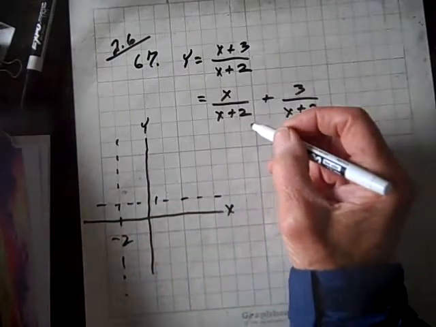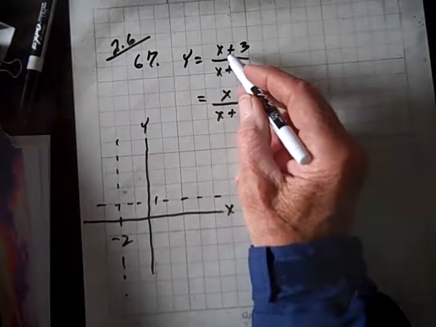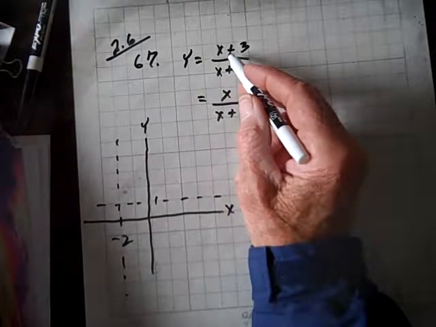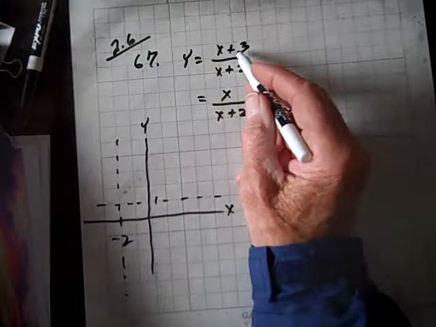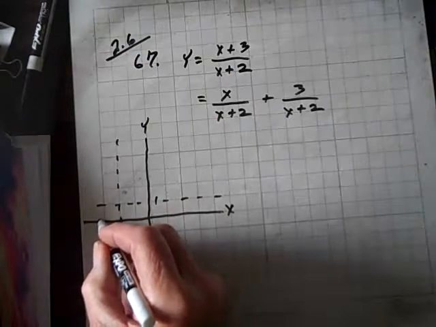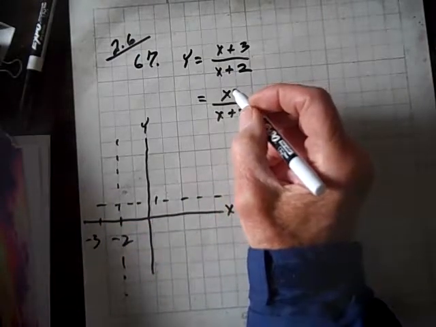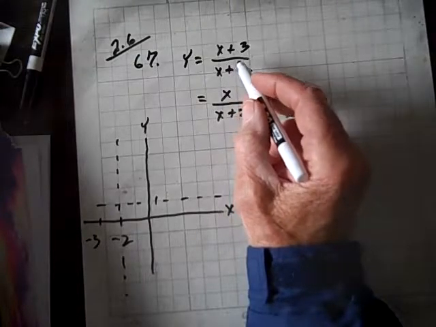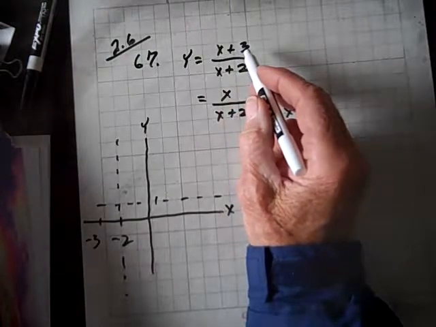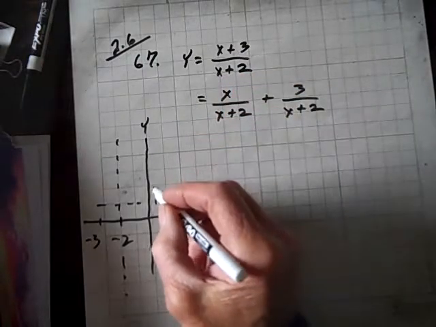Now let's find the x and y intercepts. The x-intercept for this is going to be at, what'll take this to 0? -3 will. So -3. And what's the y-intercept? Well, the y-intercept is going to be 3/2, which is 1.5, because we let x be 0.